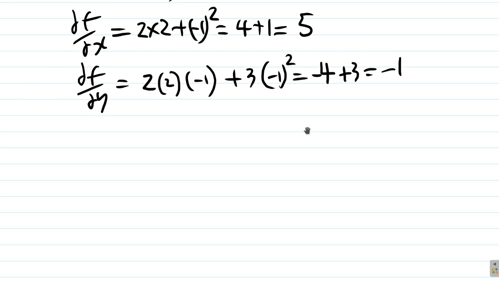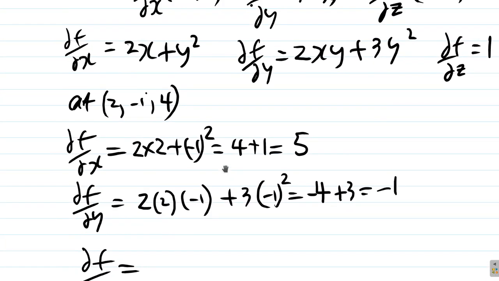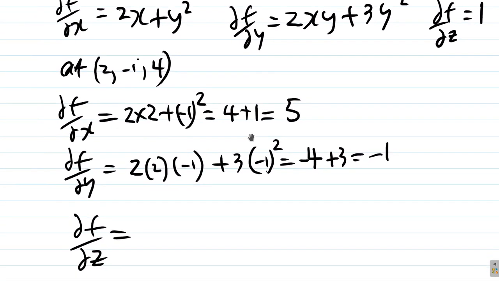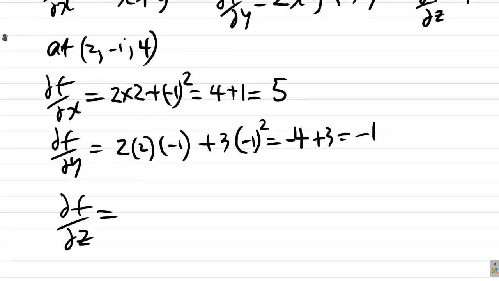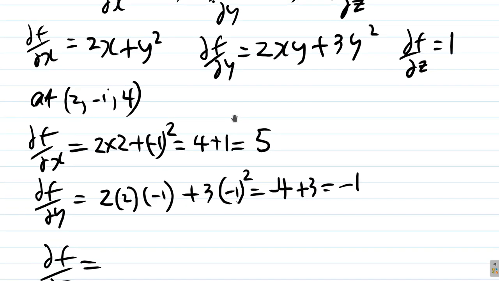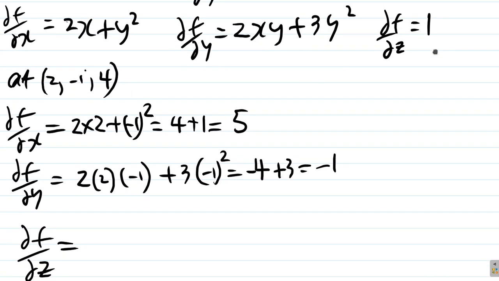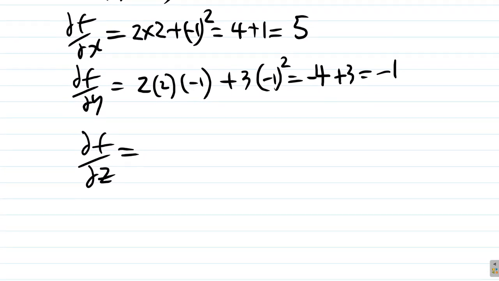And then what happened here? The partial of f with respect to z, in this case, it was 1, right? 1, just 1.